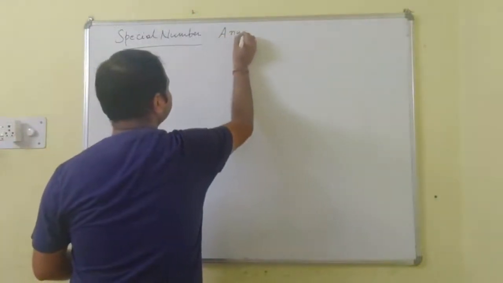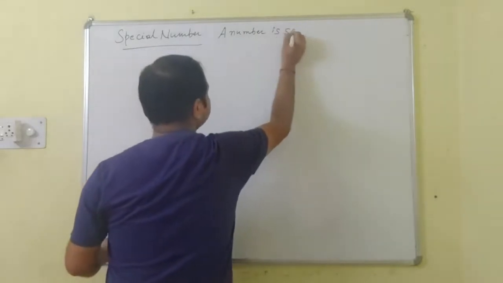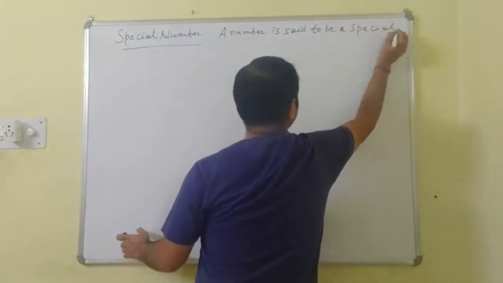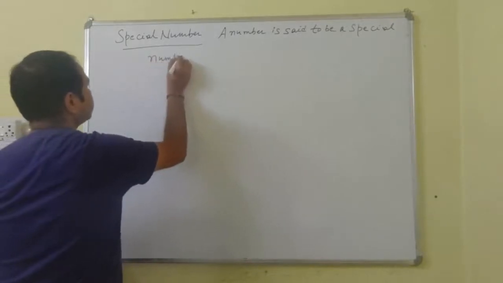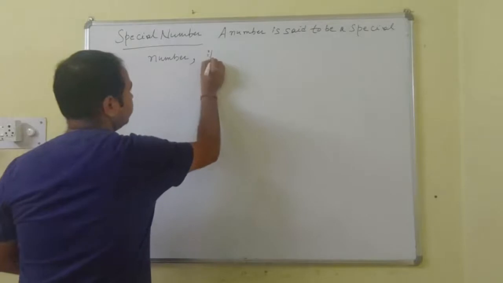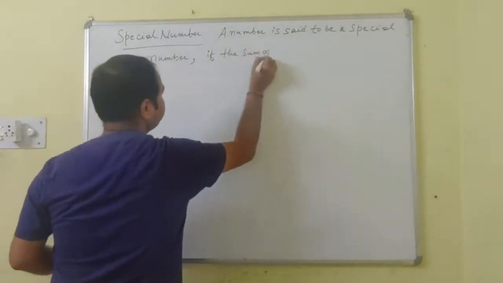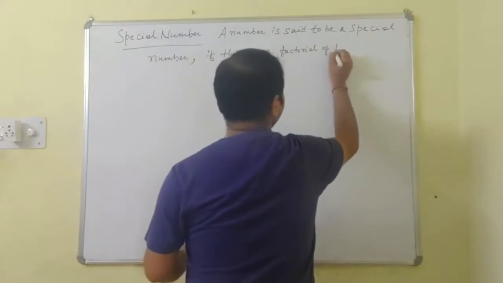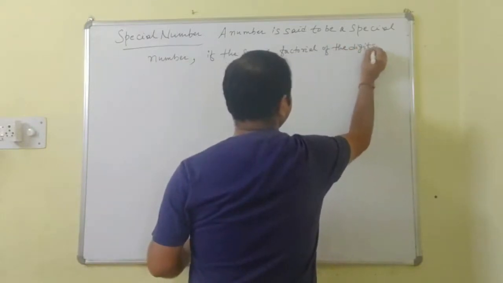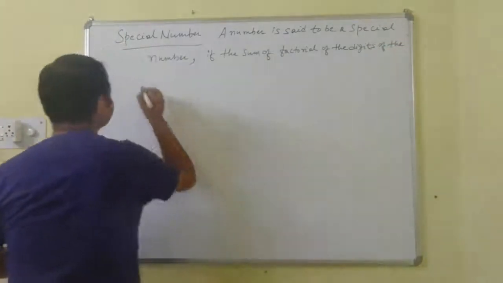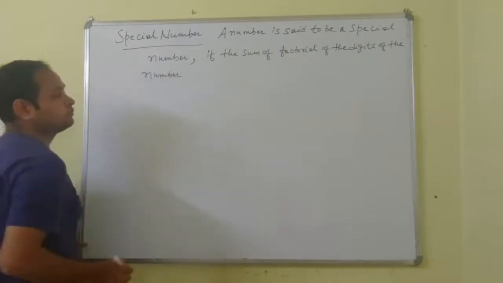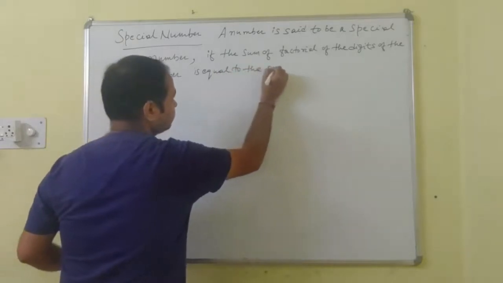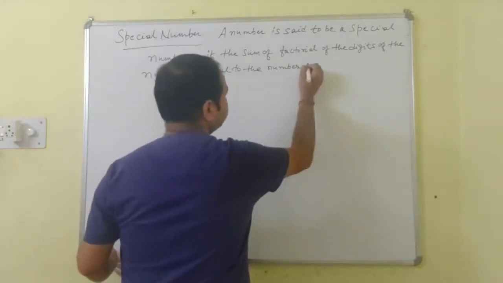A number is said to be a special number if the sum of the factorials of the digits of the number is equal to the number itself.